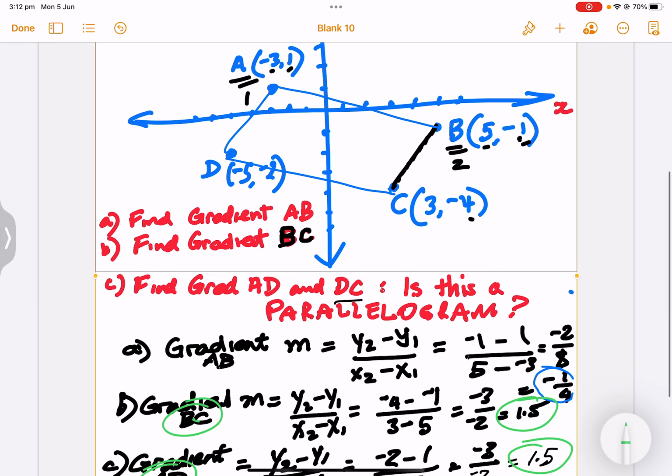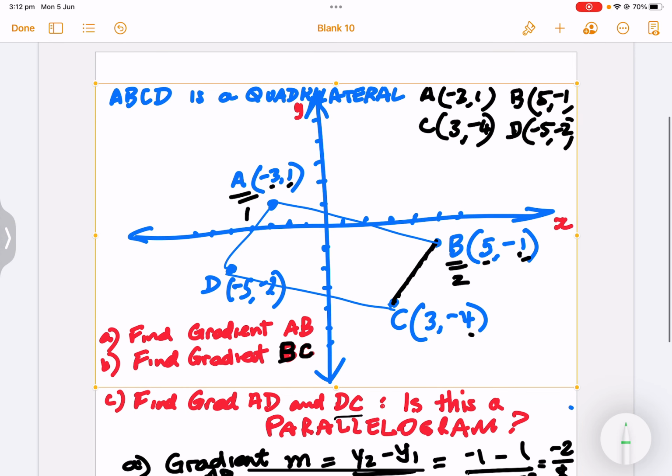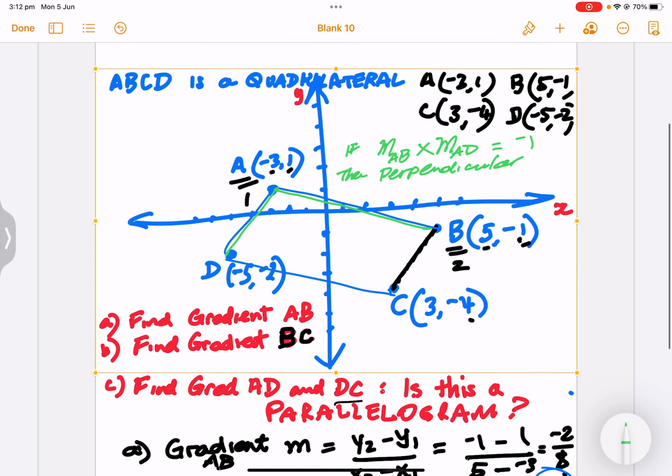Remember, to prove perpendicular sides, if the gradient of AB times the gradient of, say, AD equals -1, then they are perpendicular. So you simply multiply the gradients together to get -1.